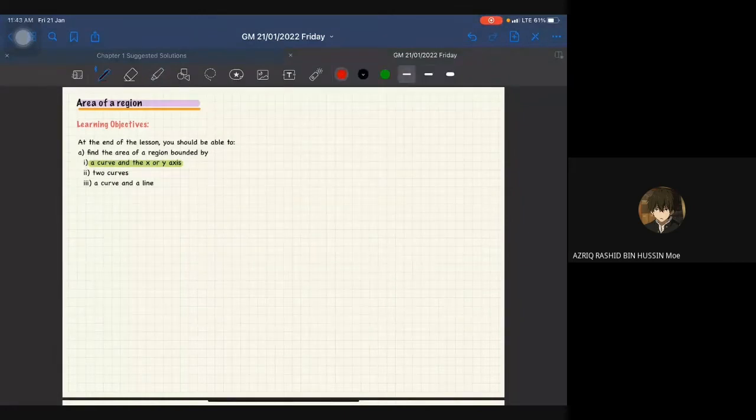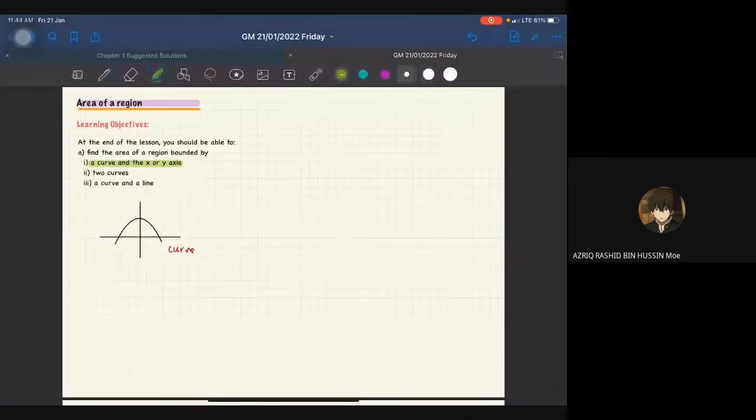So contohnya, kita punya graph macam ni. Okay, so let's say graph kita macam ni. Okay, so ini adalah a curve. Alright, and then dia bounded by x-axis, let's say. So x-axis adalah yang ini.